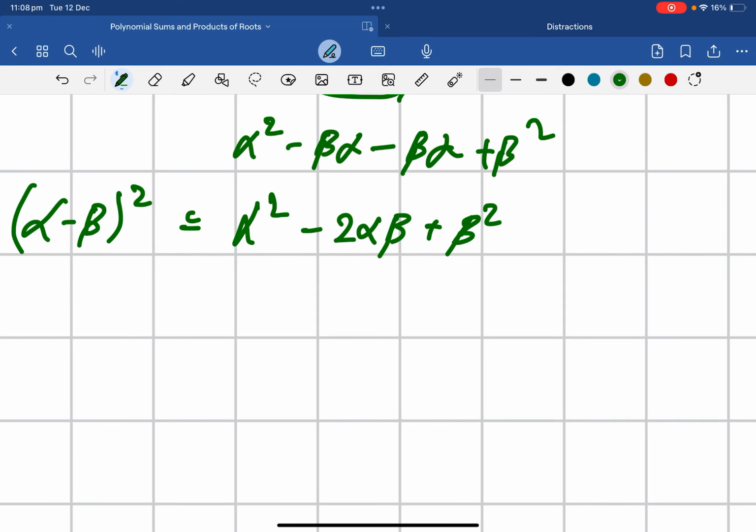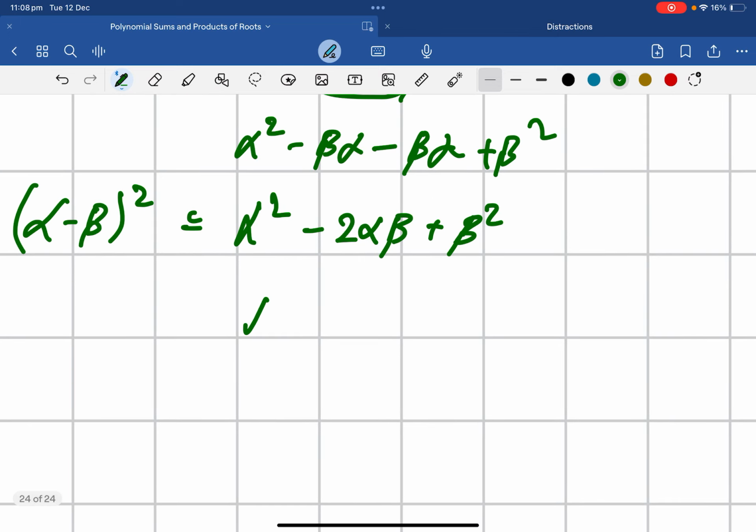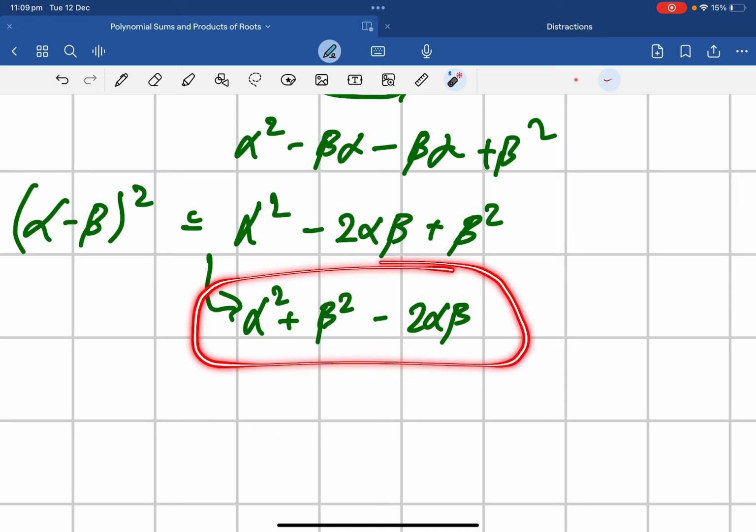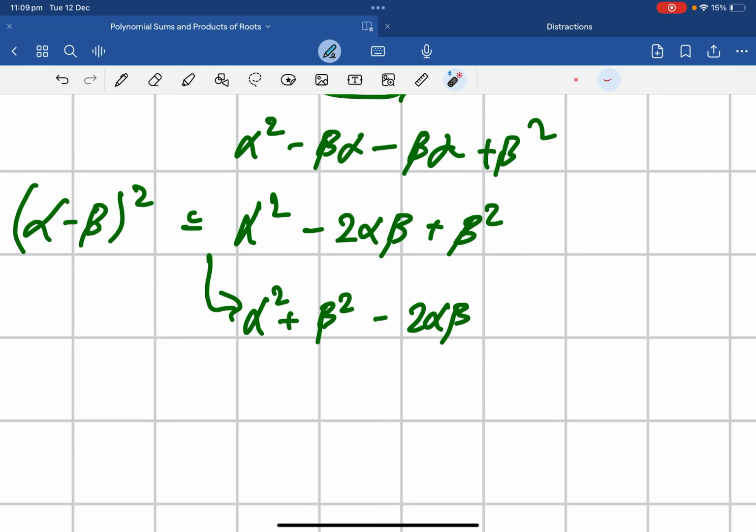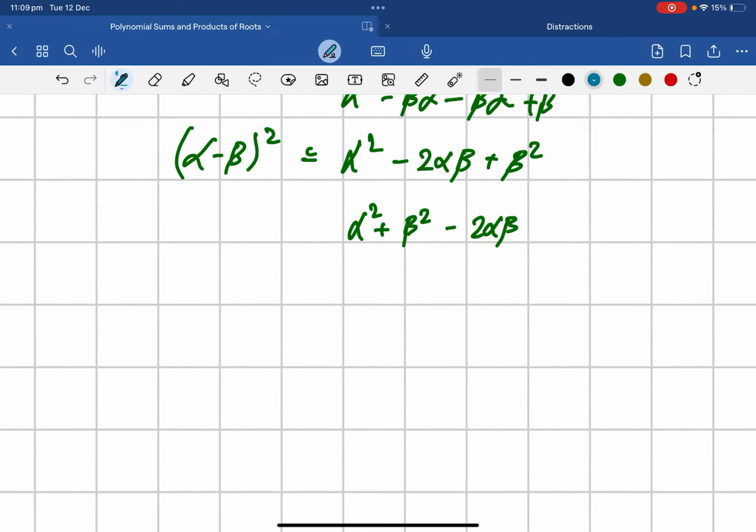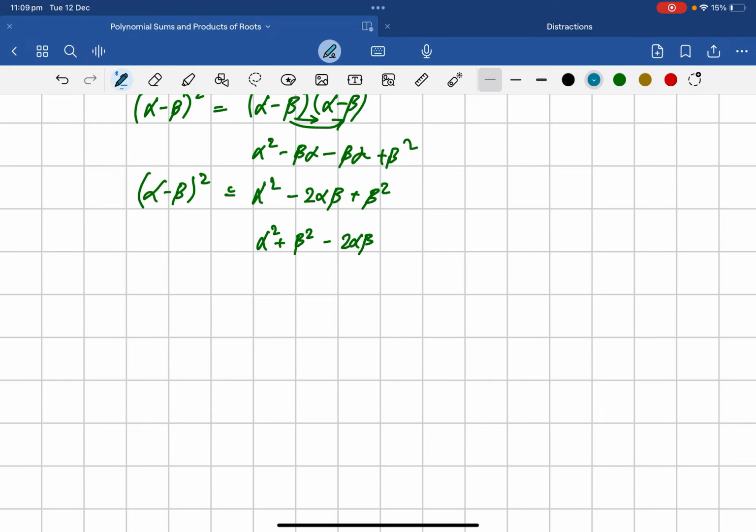So, what we can do is manipulate it. See this alpha squared plus beta squared minus 2 alpha beta. I wrote this here, right? These both are the exact same, except I've rearranged it so it looks kind of different. And when you write it in this form, your brain starts to think it's like alpha squared plus beta squared.